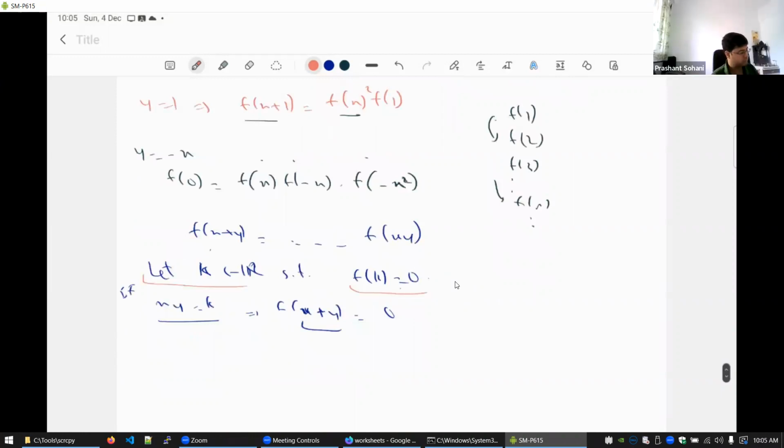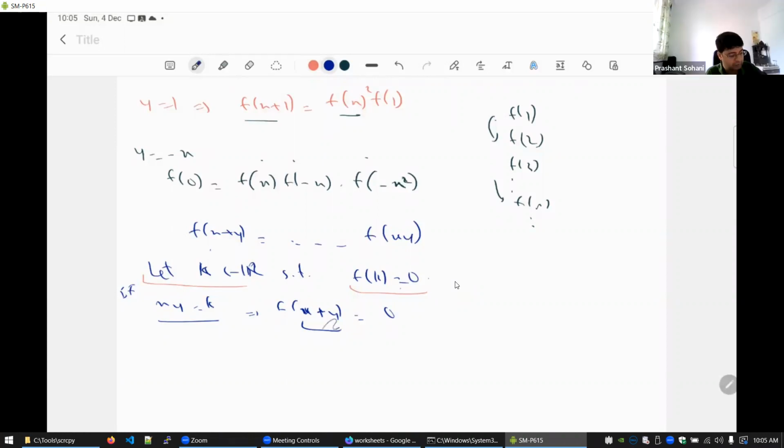So t square minus 4k is greater than or equal to 0, right. And that's why t square should be greater than or equal to 4k. So in fact that is an infinitely large range, not a finite range, right? So it's minus infinity to minus 2 root k, comma, 2 root k to plus infinity.